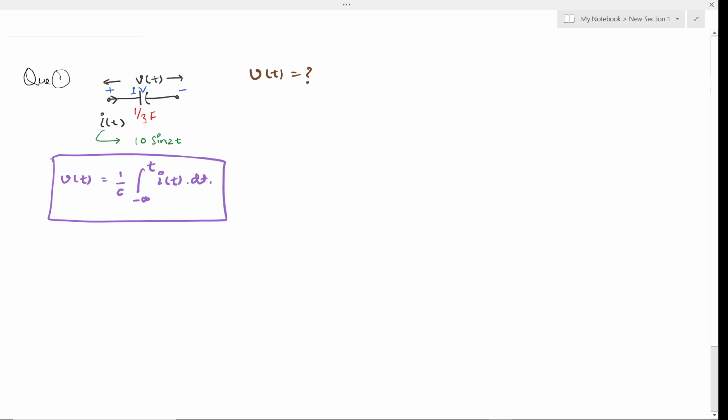But if we reduce it into this form, v(t) equals 1 upon C integral from minus infinity to 0 of i(t) dt plus 1 upon C integral from 0 to t of i(t) dt.